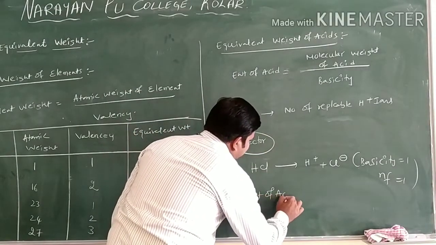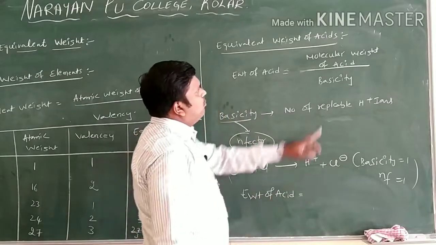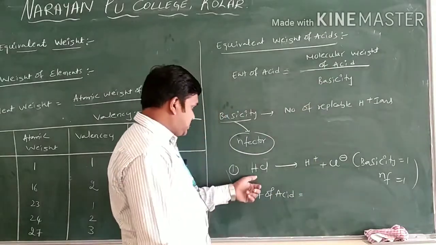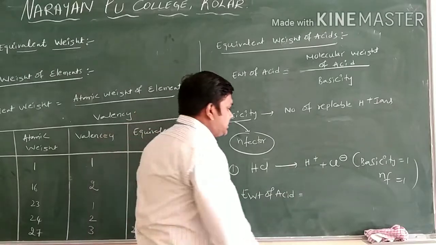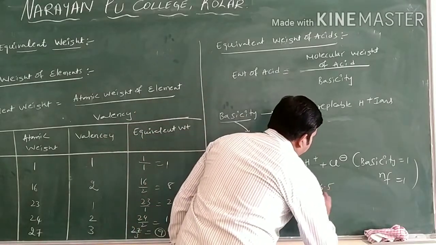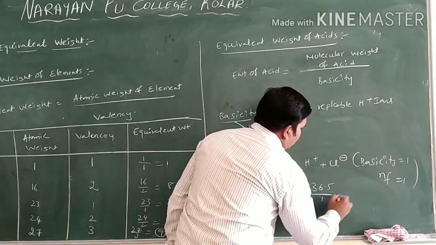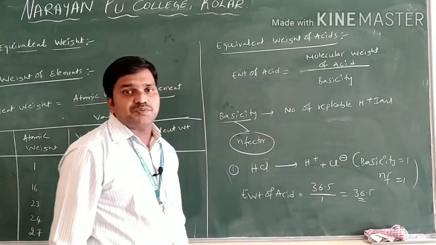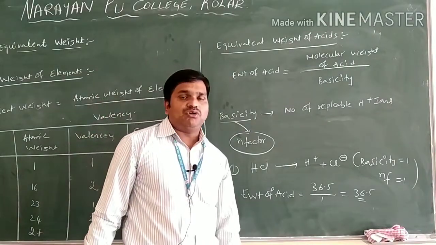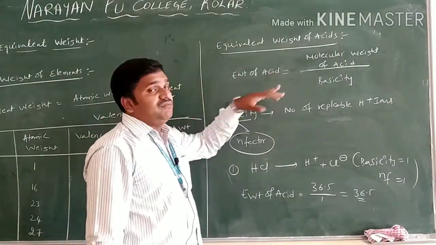Equivalent weight of acid is equal to molecular weight of acid. For HCl, hydrogen 1, chlorine 35.5, total 36.5, by basicity 1, you will get 36.5 only. In this way we have to find out the equivalent weight of the acid.